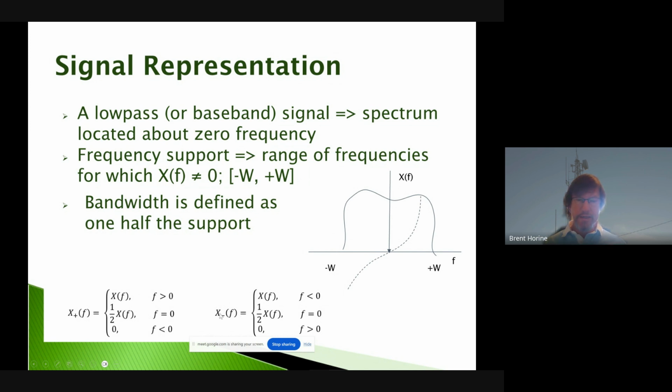And conversely, X sub minus is X of f where f is less than 0, in this region to the left of the origin, and 0 greater than that. So we've basically taken the spectrum and split it in two. Now, right at 0, we scale each of the values by half, so that when they add up, they add up to the proper value. So each of these components gets half of the signal that's exactly at 0.